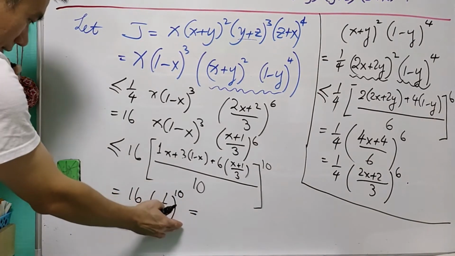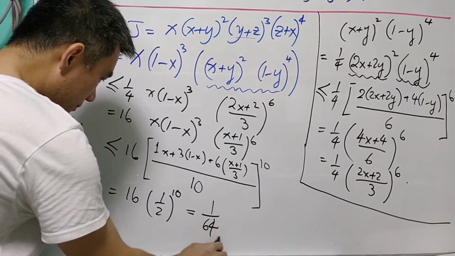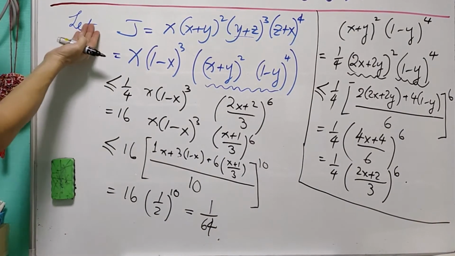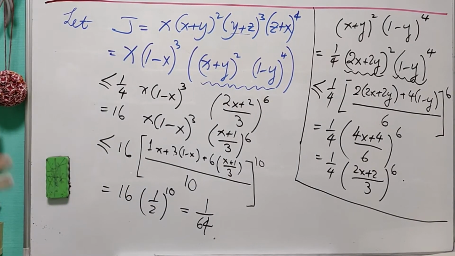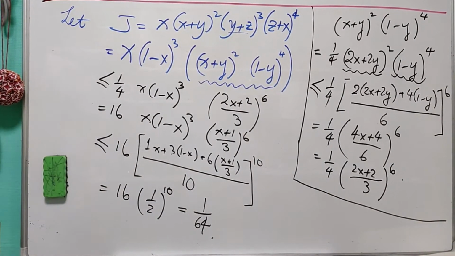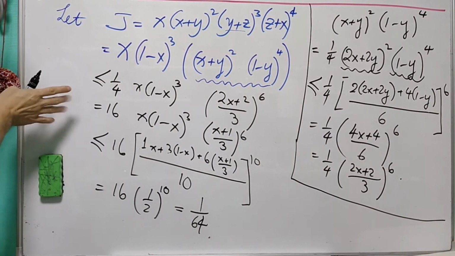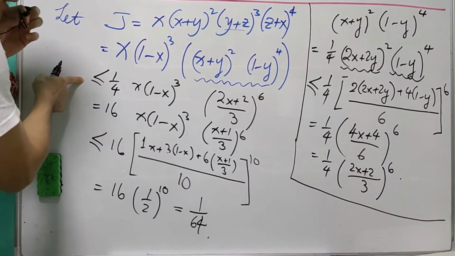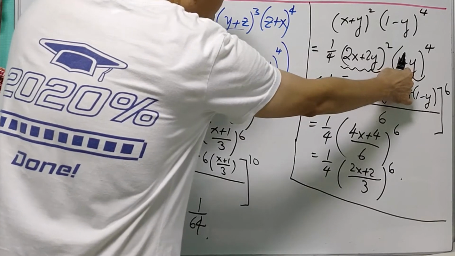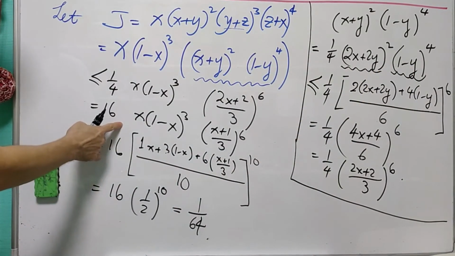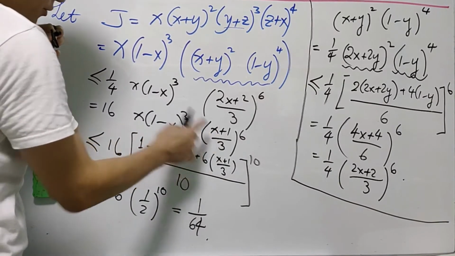So half to the power of 10 times 16, that will be equal to 1 over 64. From here, we get that J will be less than or equal to 1 over 64. Of course, we need to check when the equality holds. We use AM-GM twice. So equality holds if and only if 2x plus 2y equals 1 minus y, and x equals 1 minus x equals x plus 1 over 3.